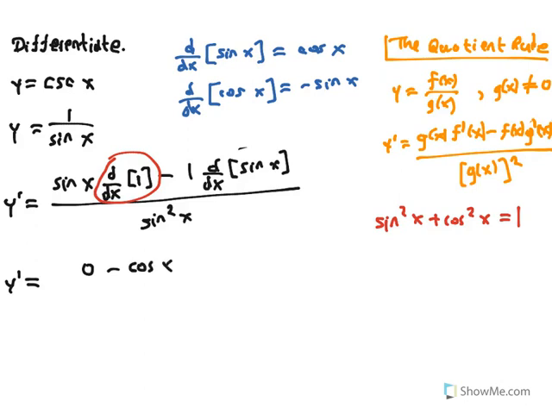So 1 times cosine x is cosine x. So I have 0 minus cosine x in the numerator. 0 minus cosine x is negative cosine x. And in the denominator, I have sine squared x. And again, I am done. I have found the derivative.